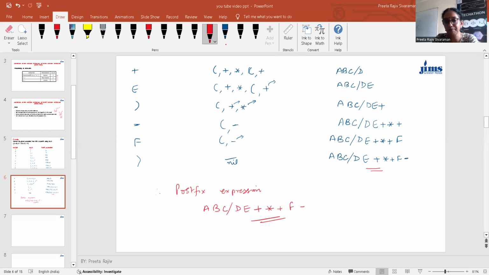This is our answer. So the stack becomes very handy when we convert an infix into a postfix. Without a stack also we can do the conversion, but following the rules of the stack plus the precedence of the operators, it becomes very easy to do the conversion.